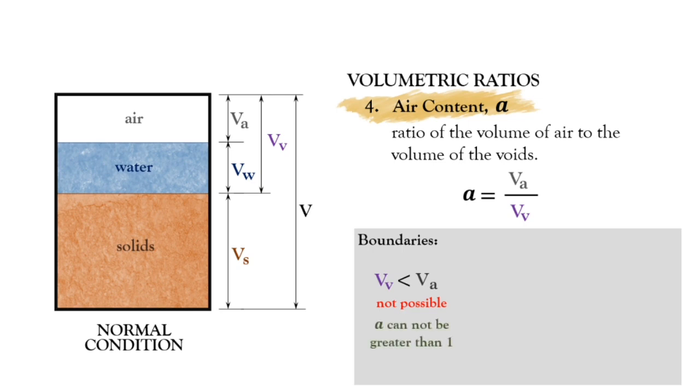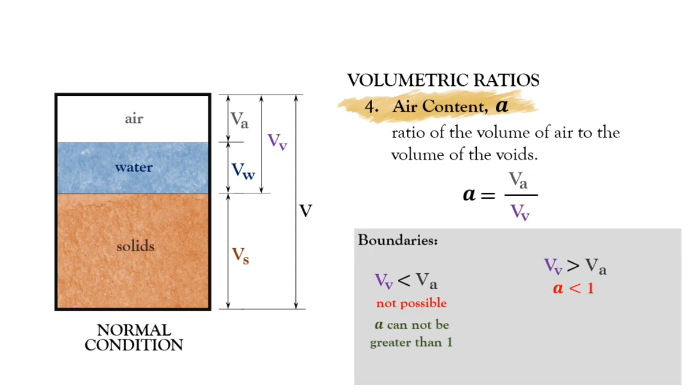Okay? So, how about the volume of the voids greater than volume of the air? So, ito naman, laging mangyayari to na mas malaki lagi yung volume of the voids to the volume of the air. Or, pwedeng equal. Okay? So, para sa case na to, A must be less than 1. So less than 1 lang ang makukuha nating value if the volume of the voids is greater than the volume of the air.